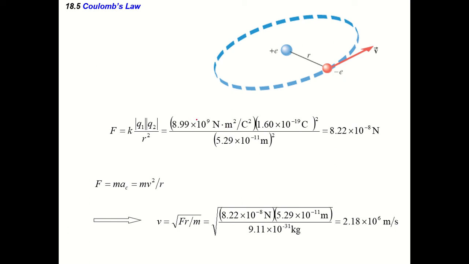Our k is equal to, as shown in the previous slide, 1 over 4 pi times epsilon sub 0.